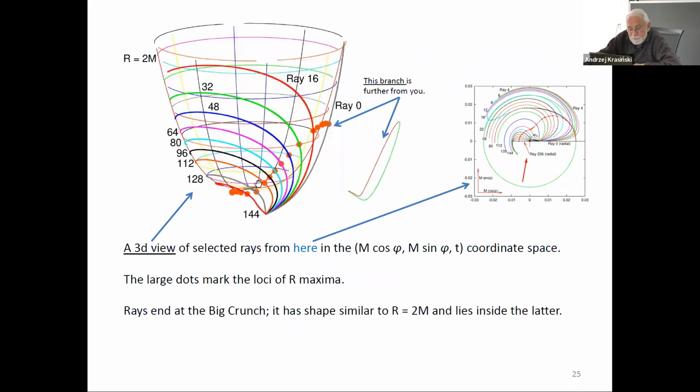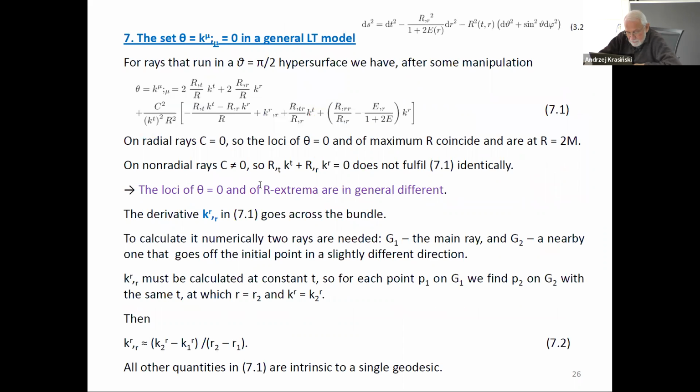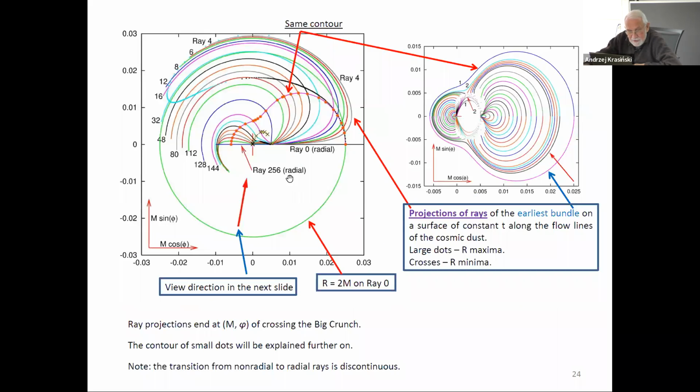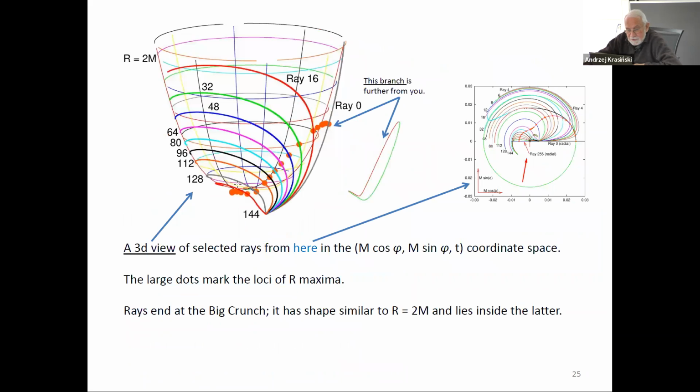Okay, and this is the three-dimensional view. Let me go back one page. This arrow here shows the view direction in the next figure. So this is the three-dimensional view of the family of rays. These large dots are the locations of maxima, and this is the full ring of R maxima.